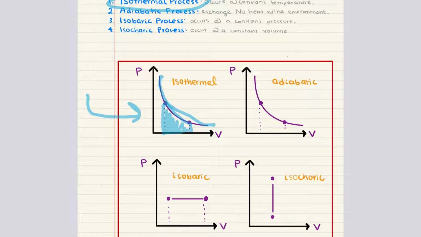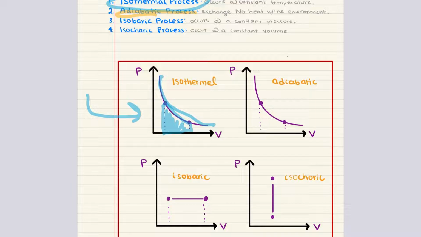The second process we want to talk about is adiabatic. The adiabatic process is one where no heat is exchanged with the surroundings, so the system is perfectly insulated. As a result, any change in the system's internal energy is solely due to work done by or on the system.